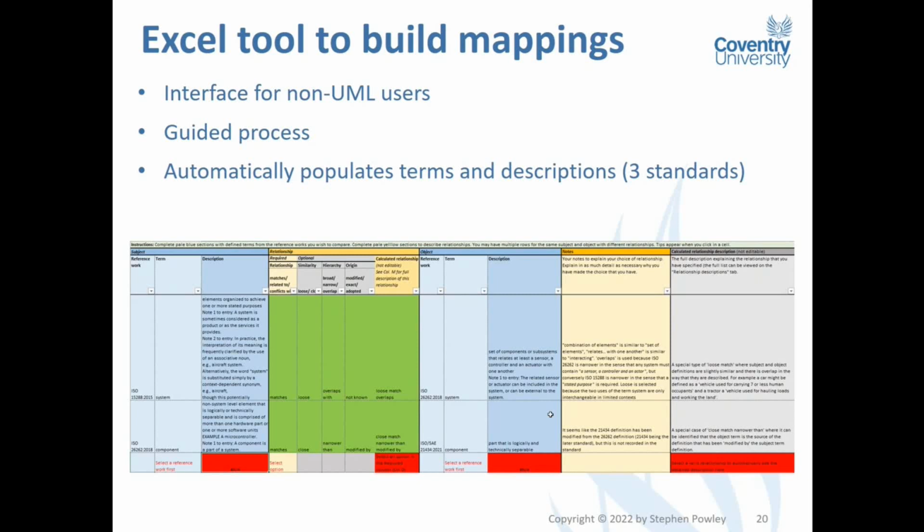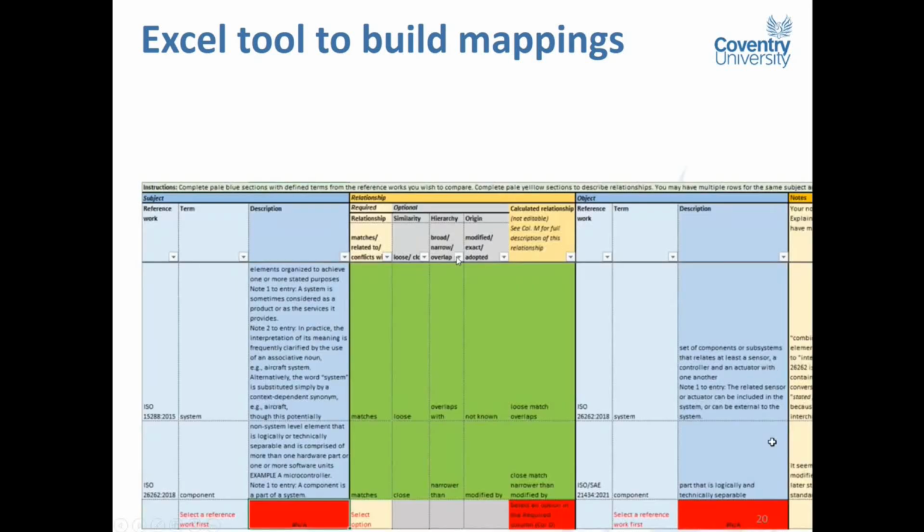So what I've done is developed an Excel tool. If anybody's interested in a copy of that, then do let me know. I can make that available offline. And this tool is used to build up the mappings. You can see here some examples where I've got the ISO 26262 idea of a component on the left and the ISO 21434 idea of a component on the right. And we've decided, using these drop-down boxes, that there's definitely some sort of match.